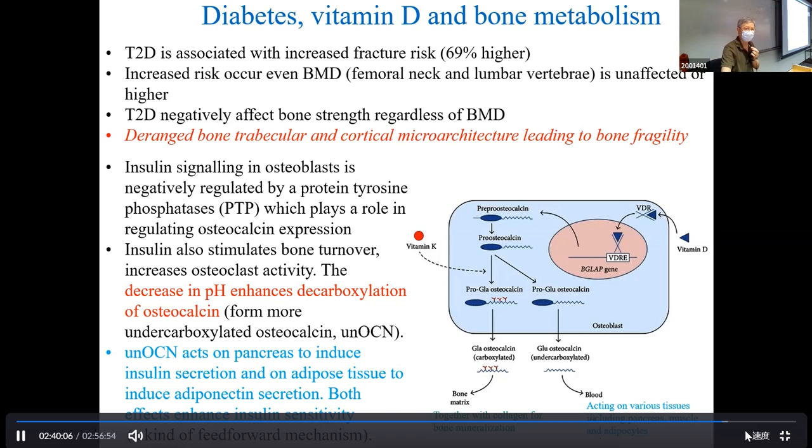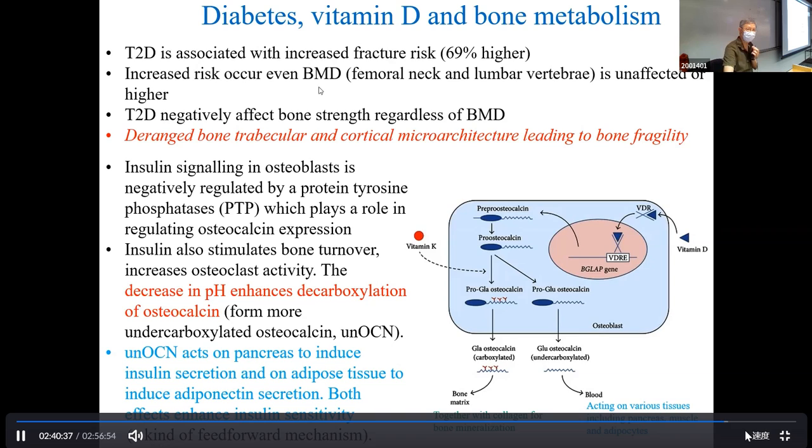Now, if we go through here, the first bullet point is that type 2 diabetes is associated with increased fracture risk. This is well-established evidence. Type 2 subjects also have a high incidence of fracture, presumably more osteoporosis, more fragile bones.